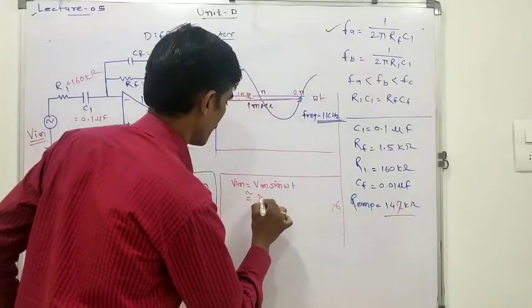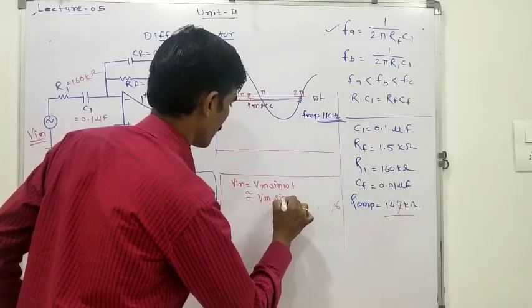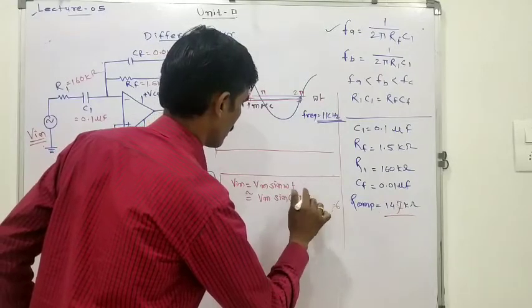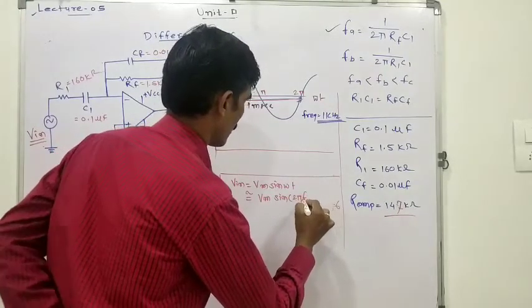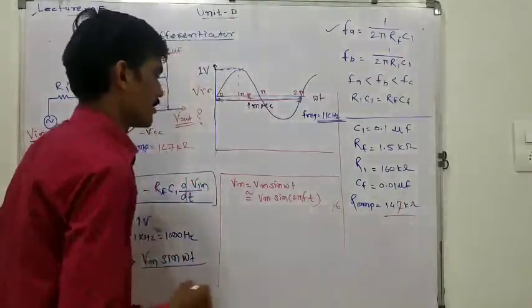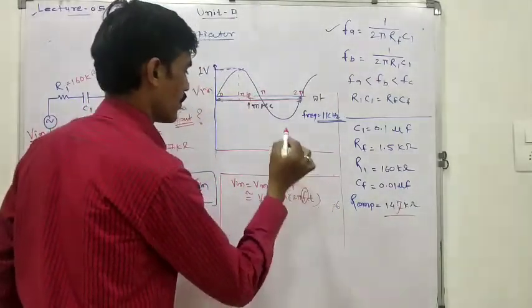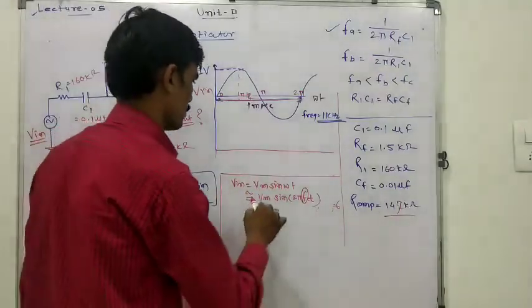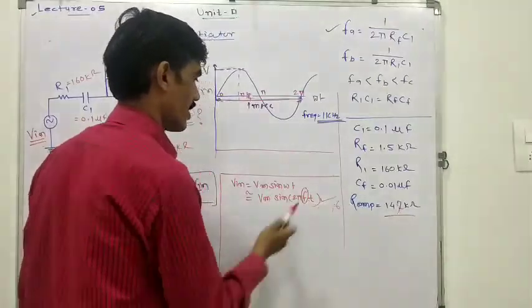So it can be represented as Vm sin 2 pi f t. We know that f is nothing but 1 kilohertz. So this formula we will consider later.